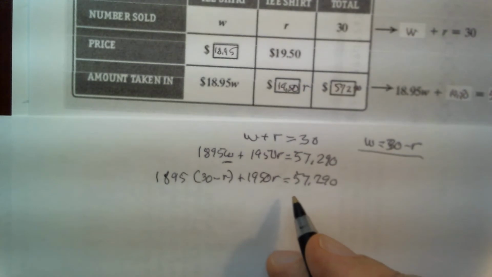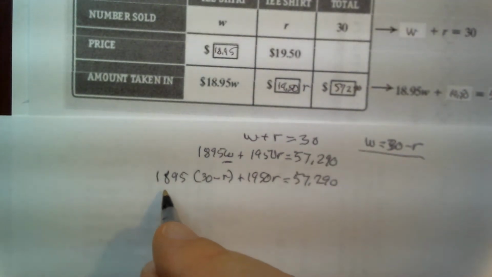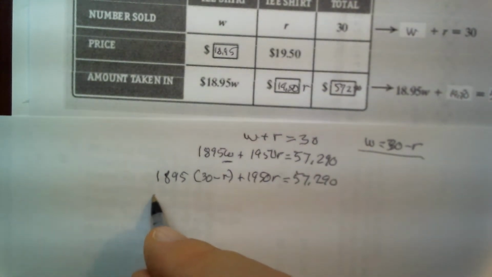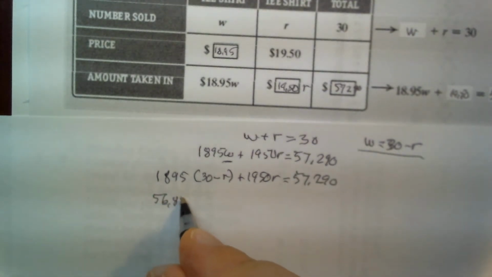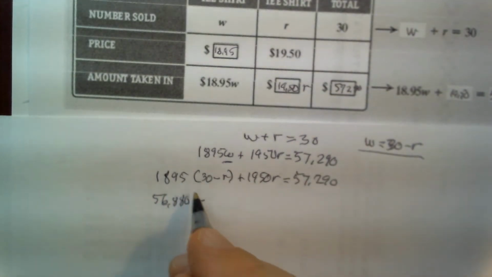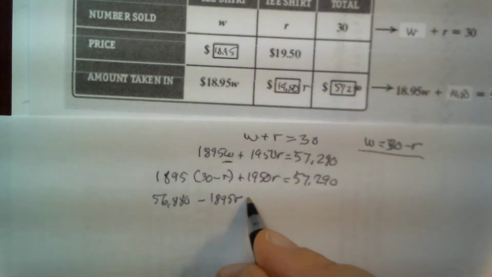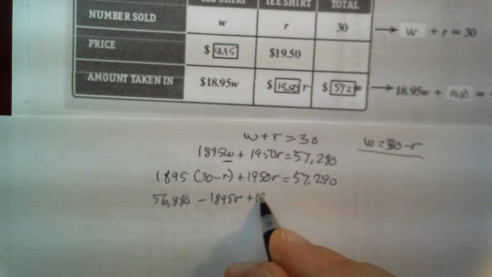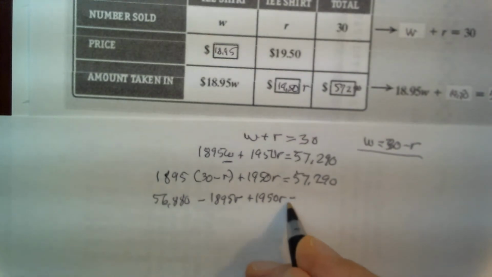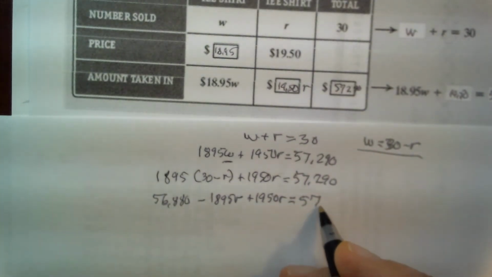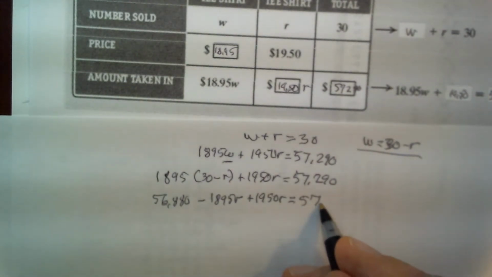Okay, so now we multiply 1,895 times 30, which is 56,880. So 56,880 minus 1,895 R plus 1,950 R equals 57,290.